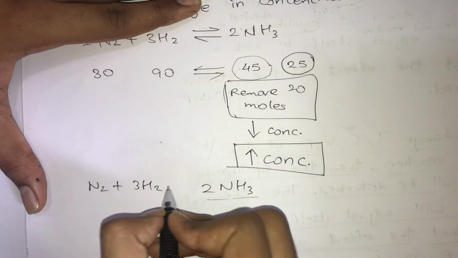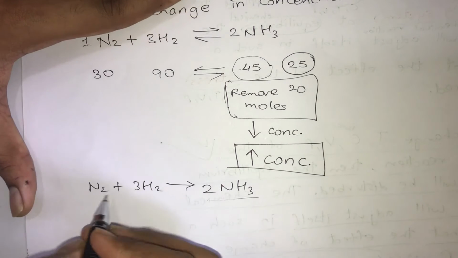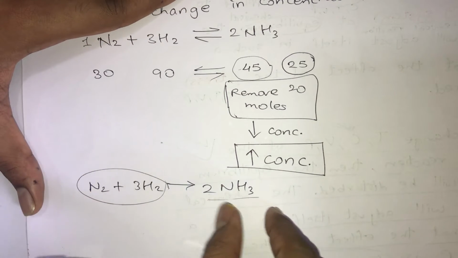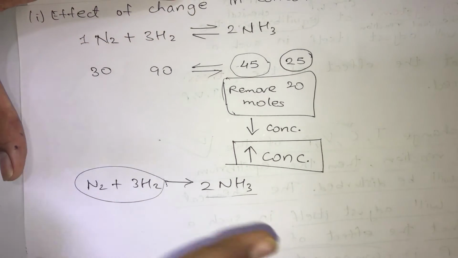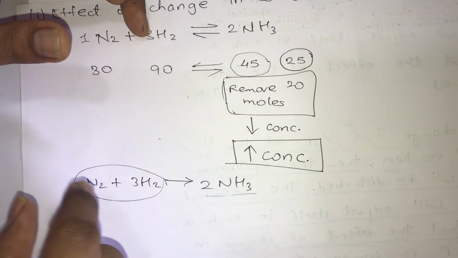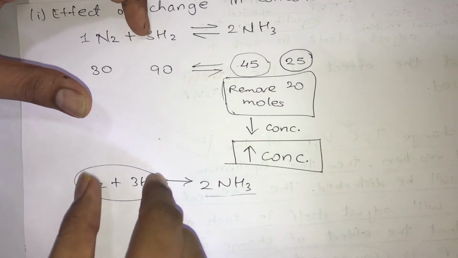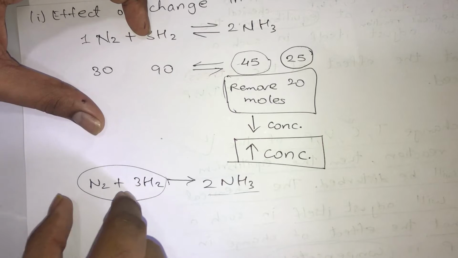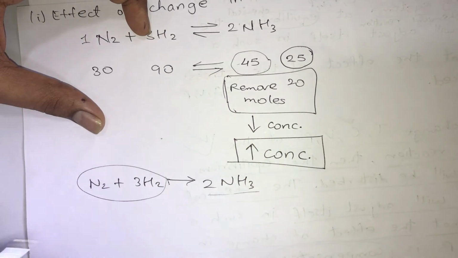It is obvious that the forward reaction is going to dominate, which means that the reactants will react with each other and more products will be formed. Sorry, my bad. When more reactants react with each other, more products will be formed.